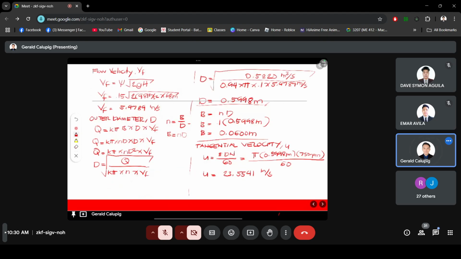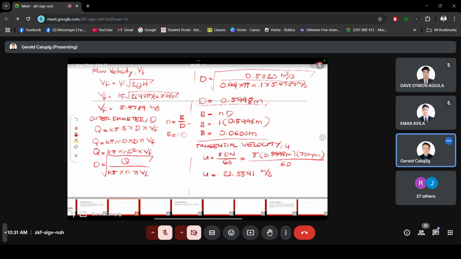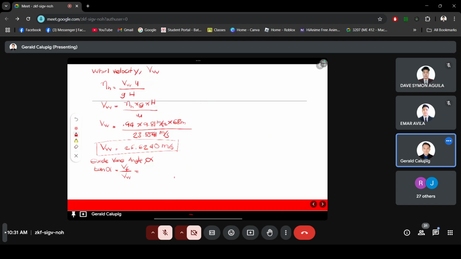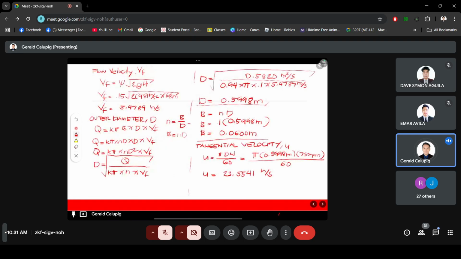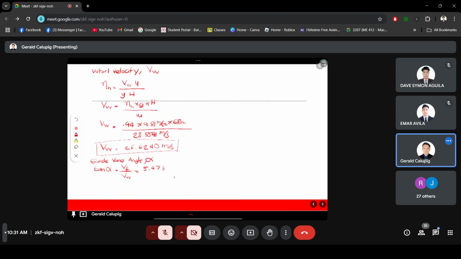Our VF is 5.4789 meter per second, all over our VW, which is equal to 26.6240 meters per second.